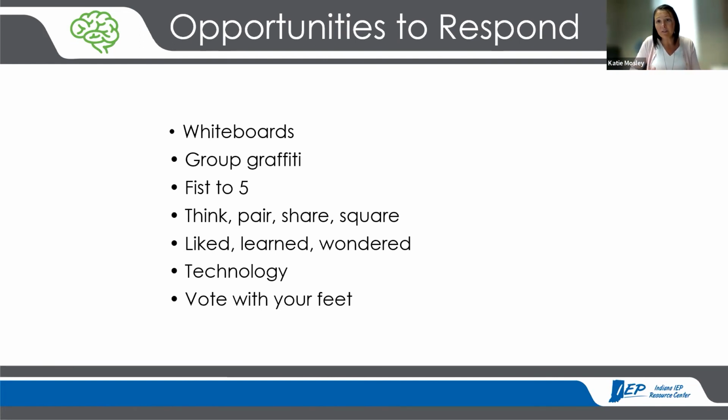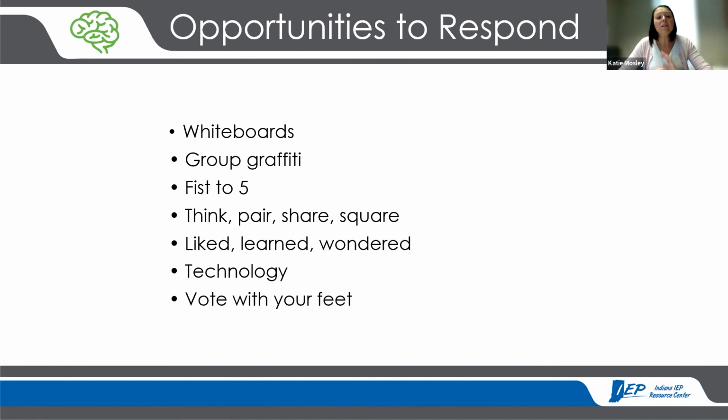Things like whiteboard responses, maybe you have group graffiti, put a big poster size board up or something and let the students write answers and responses to it. Fist to 5 that I talked about earlier: the fist, you have no clue, you're lost. You feel like you have no idea what you're doing, to 5, I fully get this. I could teach this to someone else if I had to.